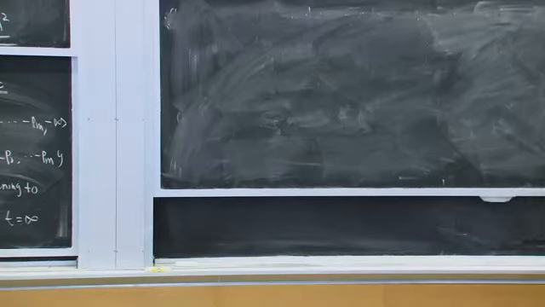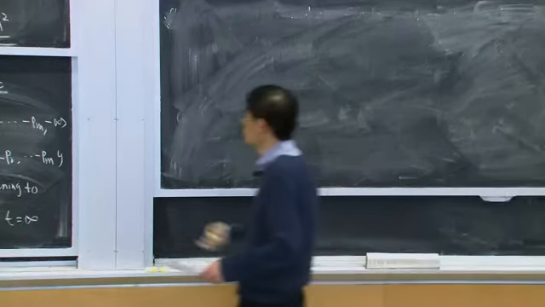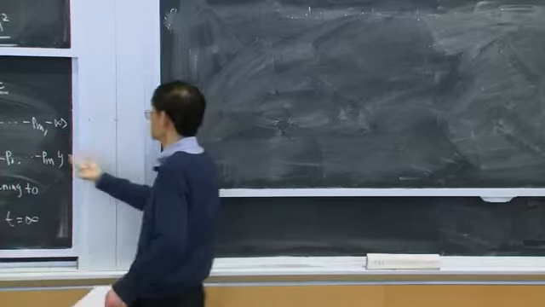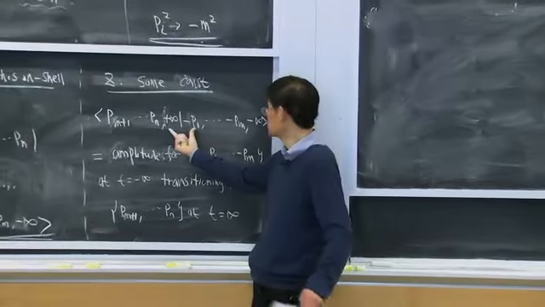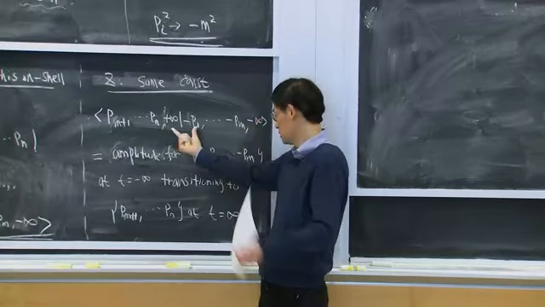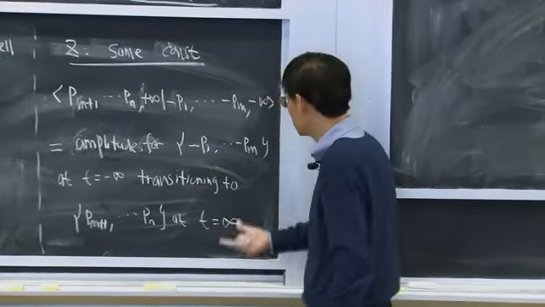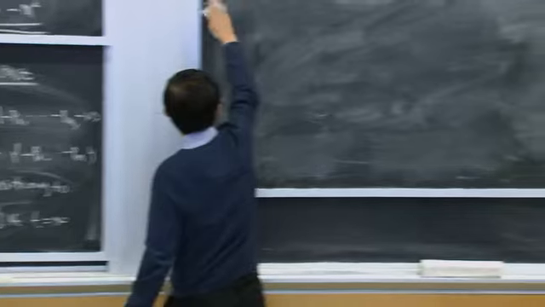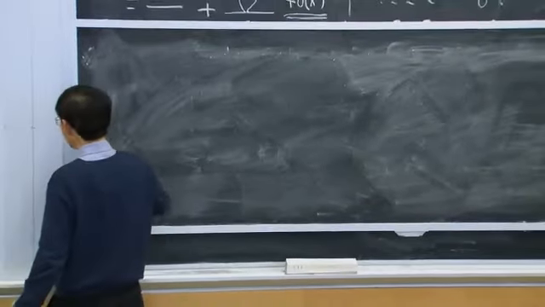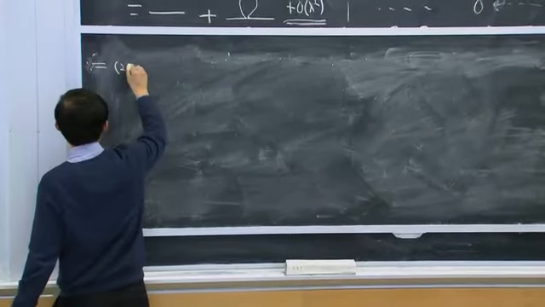If you remember, before we defined this object. This object should also preserve the, because of time translation symmetry. This object will also preserve the energy and momentum. So this object is also proportional to... So you can extract out the delta function.